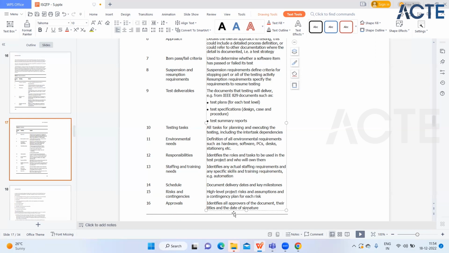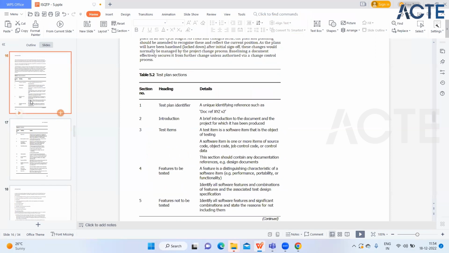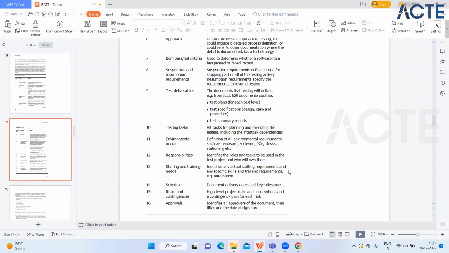Only then will we proceed ahead. That's the approval document, and after that we can proceed ahead to the next phase. So these are the 16 elements which you have to remember, as well as the details, like in which element what we are performing. You will definitely get a question from this.